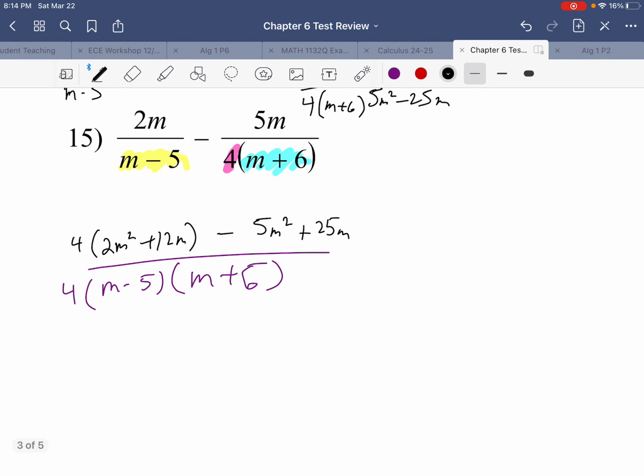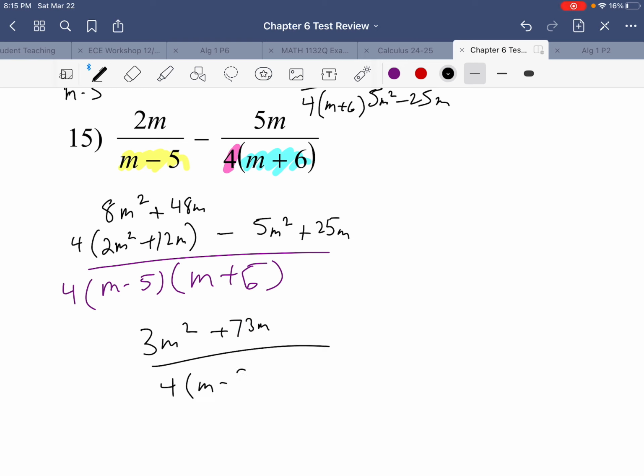So if I multiply these by 4, this is 8m squared plus 48m. I'm taking away 5m. 3m squared, and then it's 25 plus the 48, which is going to be 73m over 4 times m minus 5 times m plus 6.